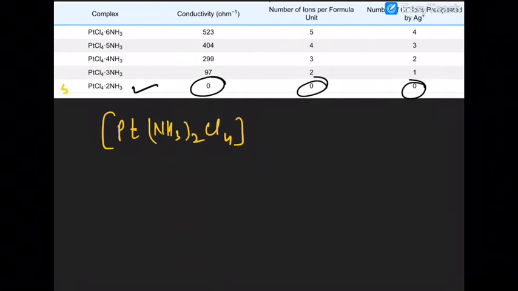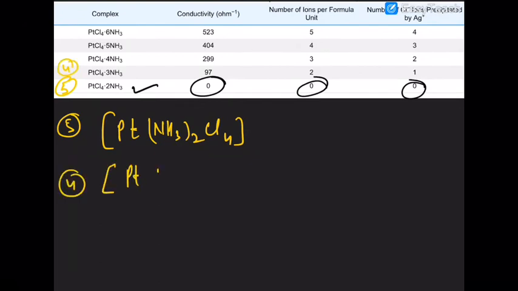So this is example number 5. Okay, 4. Look at 4. Look at 3.